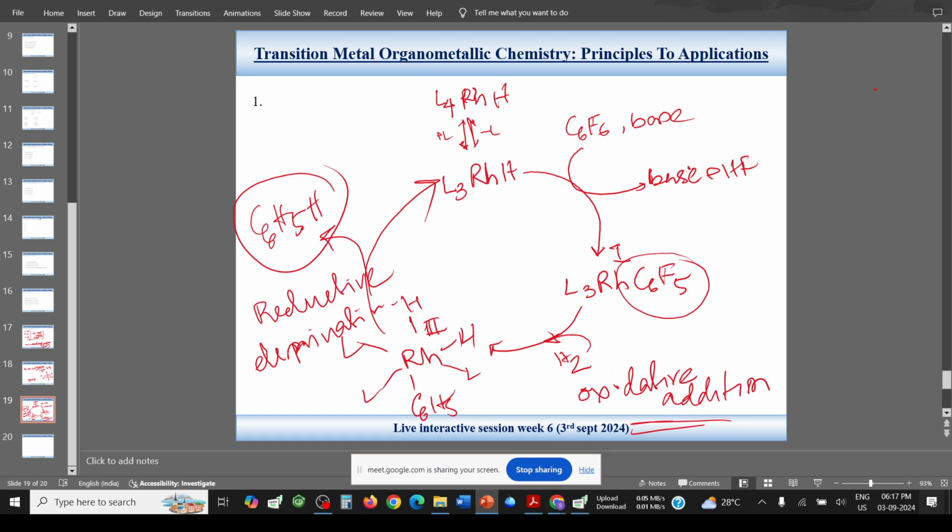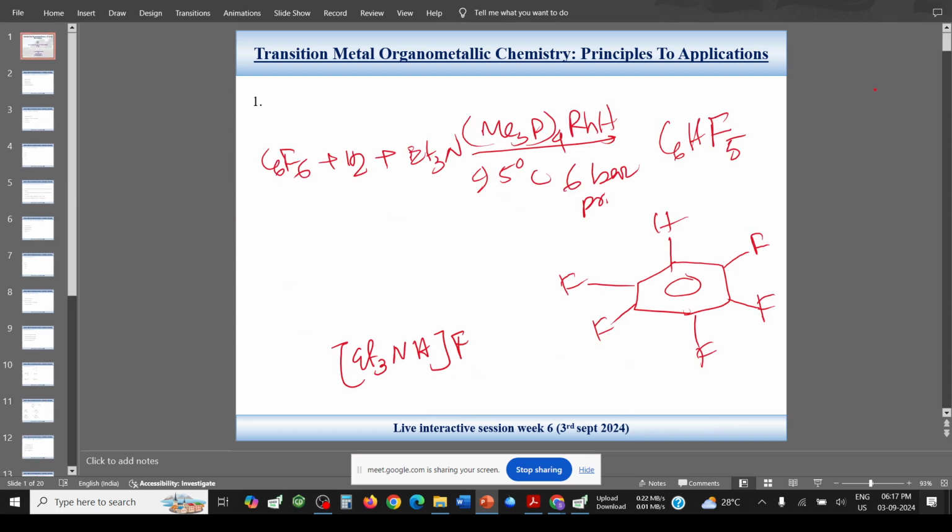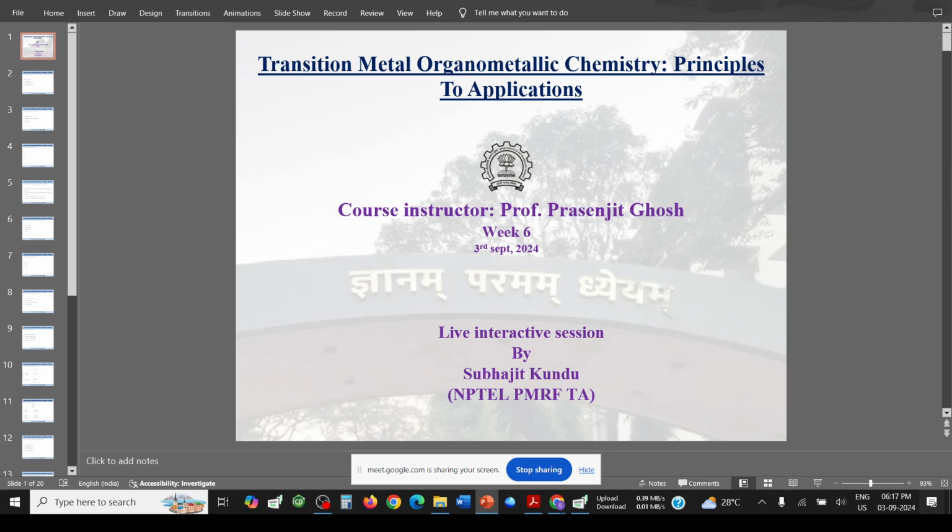So here the oxidation state of the metal again changes to 1 from 3. So here 3 very simple steps are involved. So with that I think this is clear for this CF activation mechanism.